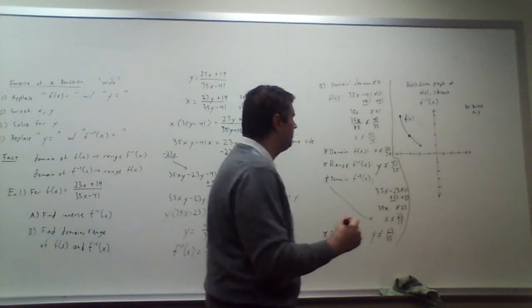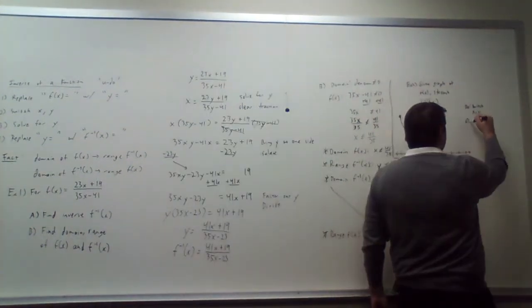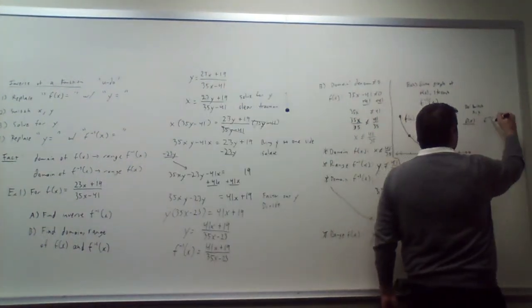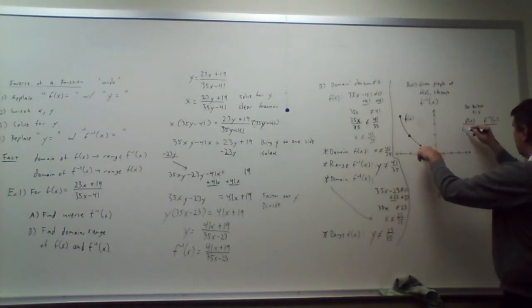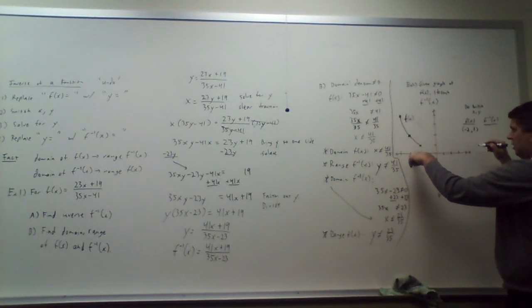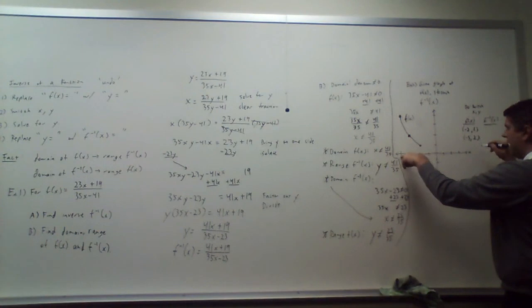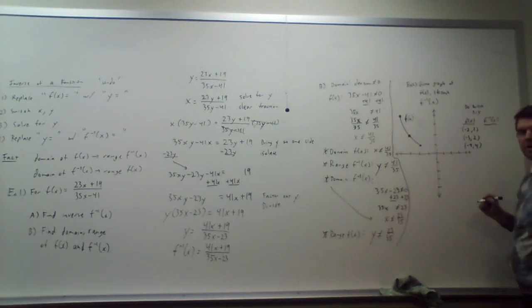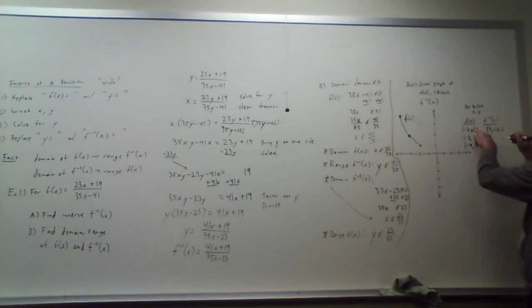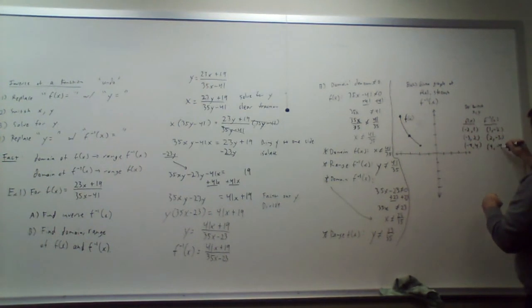All right, so f of x's points, I've got three of them. We have (-2, 1), (-3, 2), and (-4, 4). So to switch them, this would be (1, -2), (2, -3), and (4, -4).